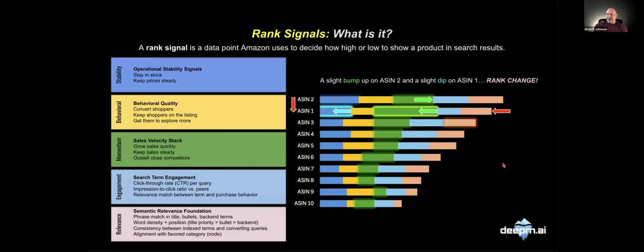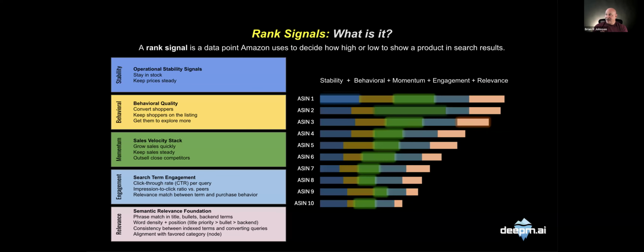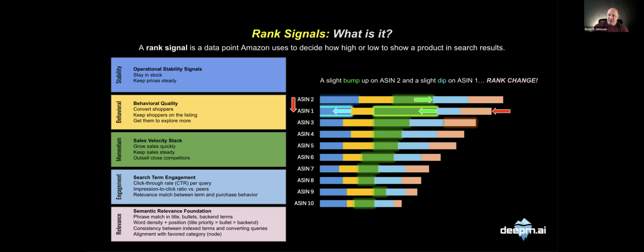Now, the final thing I want to say on rank signals is that anytime something changes, let's say you were ASIN number one and the leader of the pack. Let's say your stability took a hit, maybe you had a stock blip one day and went out of stock for half a day. That dropped your overall relative strength to your competitors just a little bit. Let's say your momentum, the sales velocity, you lost that one day.